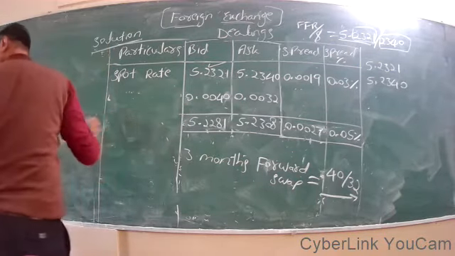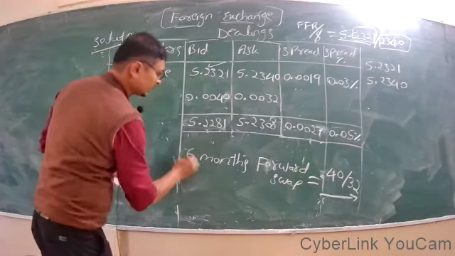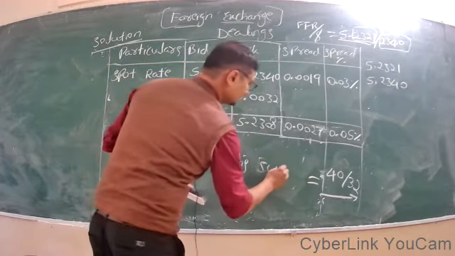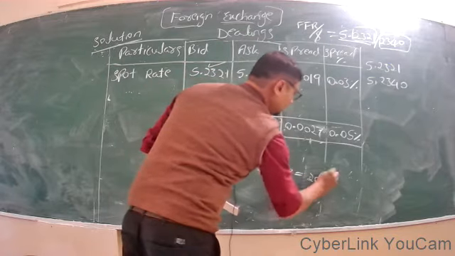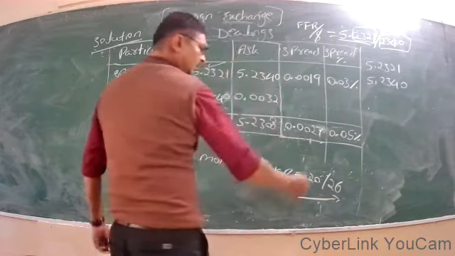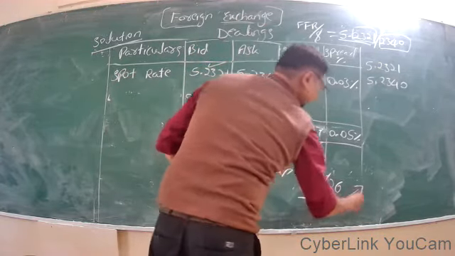Now, calculate 6 months, right? The 6 months swap is given as 20/26. Again, while reading from left to right, 20 is this side, 26, it is in increasing order, right?